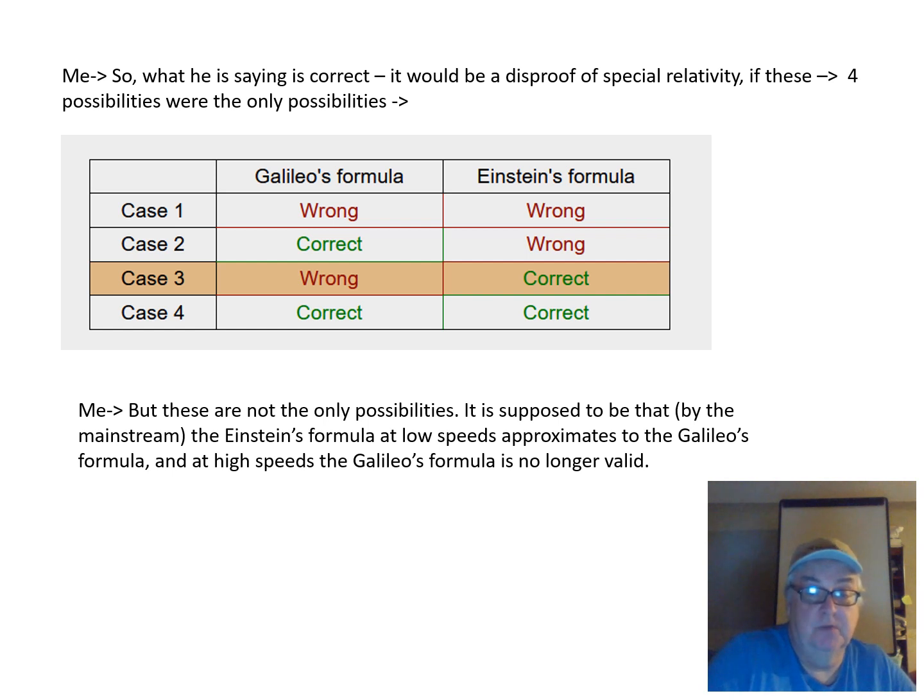It would be a disproof of special relativity if these 4 possibilities were the only possibilities. But these are not the only possibilities. It is supposed to be, by the mainstream, that Einstein's formula at low speed approximates to Galileo's formula, and at high speeds Galileo's formula is no longer valid.